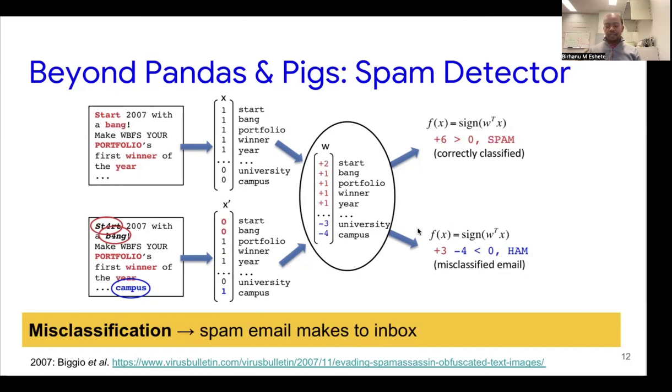So a spam detector, right? A spam detector is a classic application of machine learning models, where what you have on the left over here is a typical example of a spam that was correctly classified as spam. But by just changing some of the words, for example, the word start, just changing A with 4 and adding some benign or standard words here, you could fool the model, and then this is going to be misclassified as ham or as a benign email.